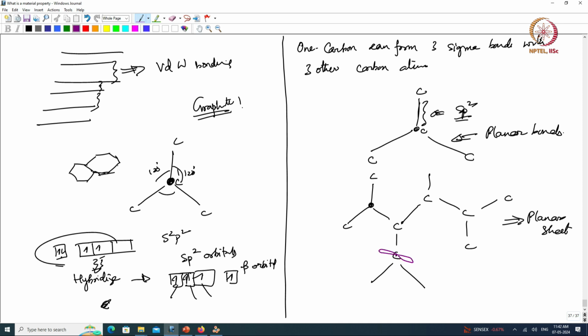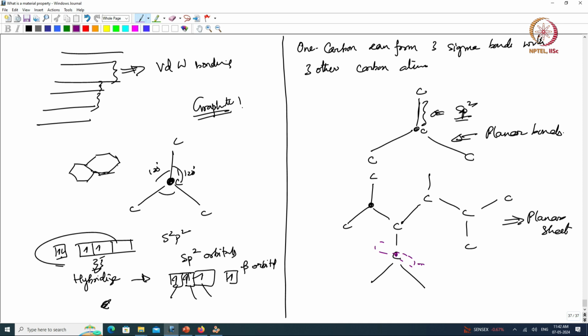I am probably very bad at this, but just imagine that there is another p orbital that comes out of plane, something like that.